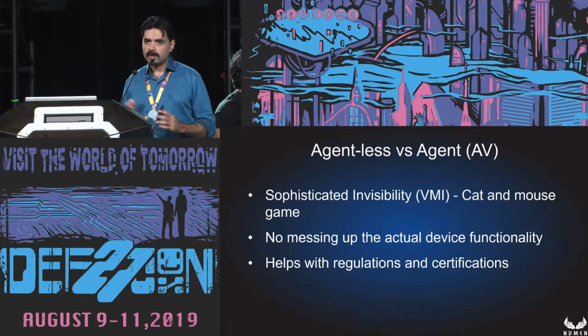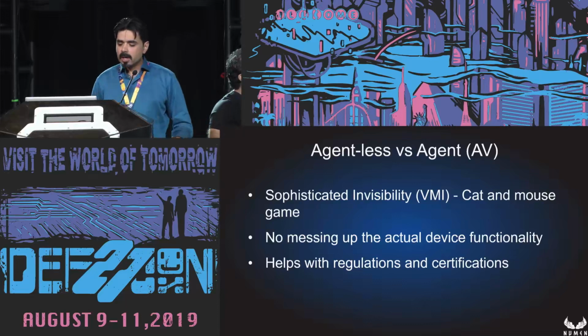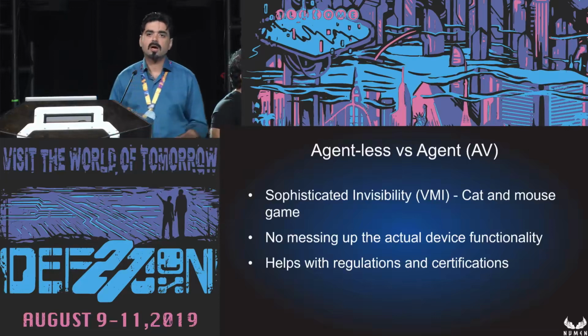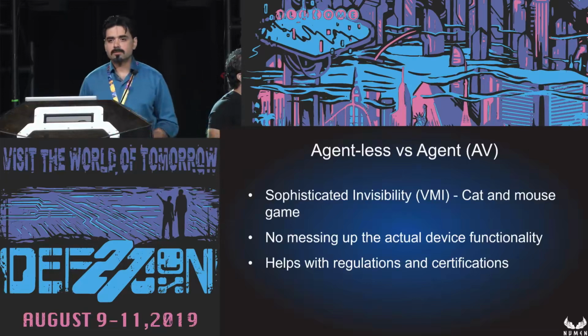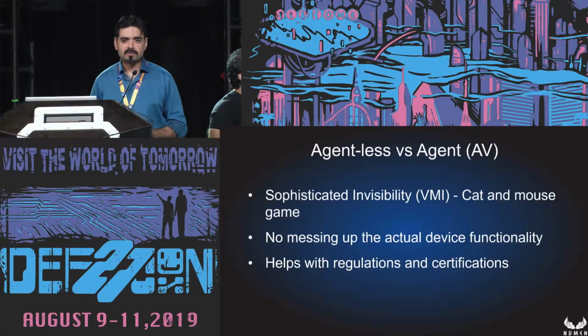So basically, you have that sophisticated invisibility. Apart from that, not having anything inside the operating system also helps with different certifications because you're not messing with the device functionality. Imagine you're securing a car infotainment, and then suddenly there's a bug in your software which messes up everything, right? So you don't want that.